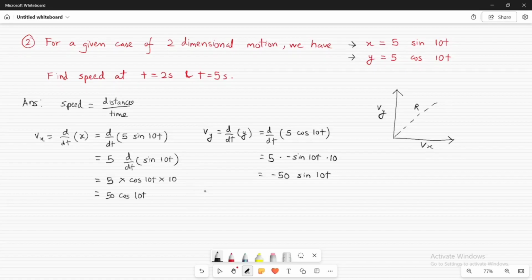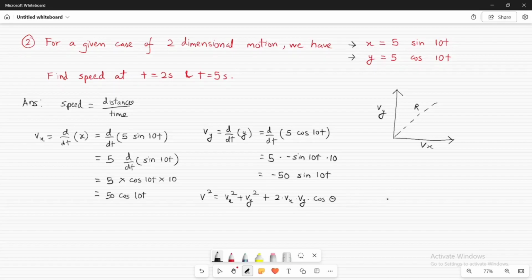V square equals Vx square plus Vy square plus 2 Vx Vy cos theta, where theta is the angle between the two vectors.